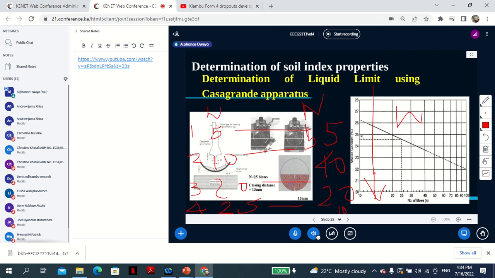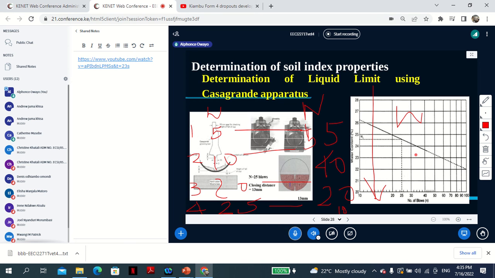Anyone else? Catherine? Three. Why? That's a very interesting choice. If one was wrong, then the obvious answer is four.